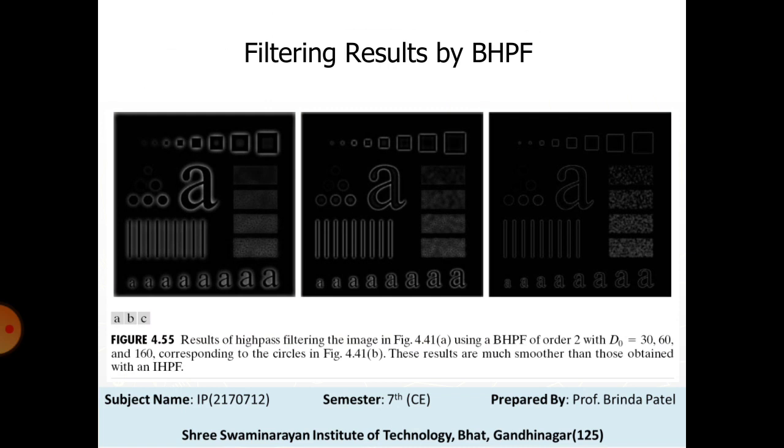The boundaries are much less distorted than in the above figure, even for the smallest value of the cutoff frequency. The spot sizes in the center areas of the IHPF and the BHPF are similar, so the performance of the two filters on the smaller objects is comparable. However, the transition into higher values of cutoff frequencies is much smoother with the BHPF.